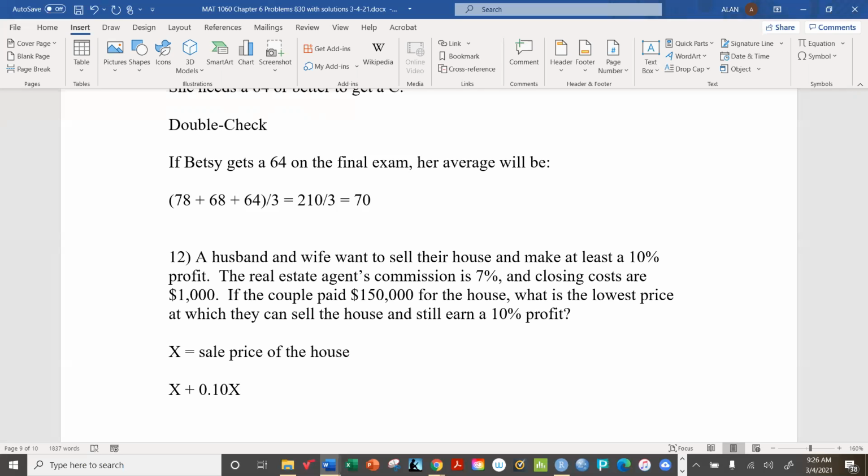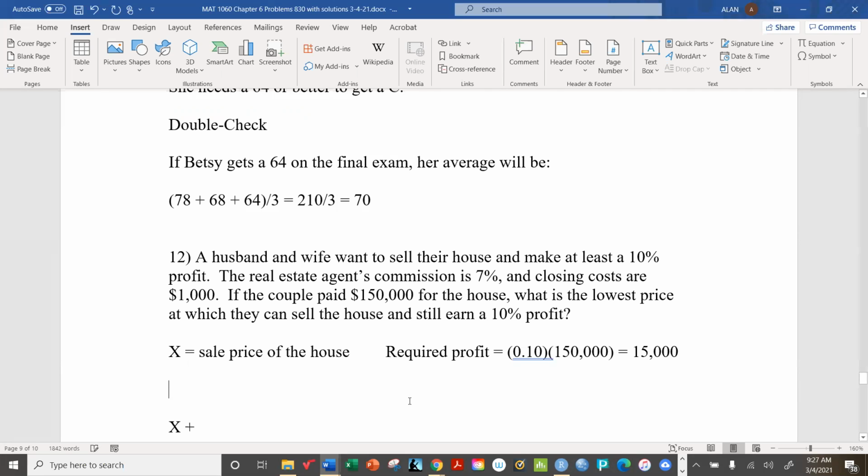Then they have to pay a 7% commission. Oh, actually, no, that's not right. You know why? Because we've already determined that the profit is based on the original purchase price. Okay, so the required profit, it's not 10% of the final sale price, it's 10% of the purchase price, which is $15,000.